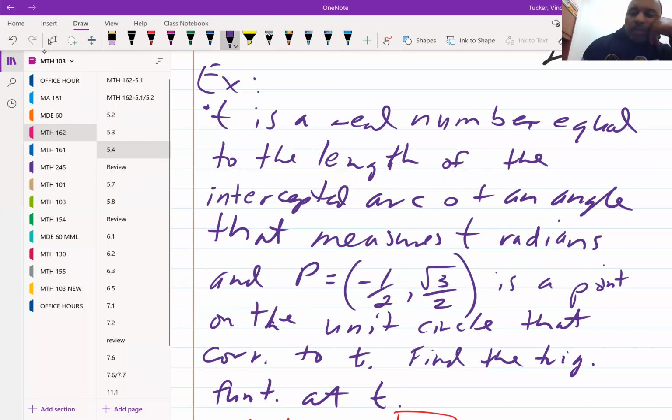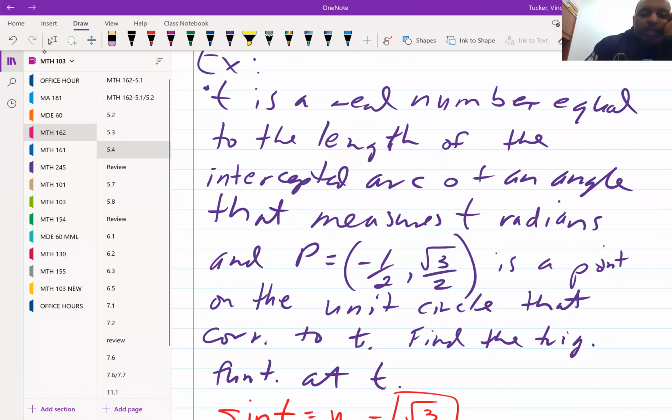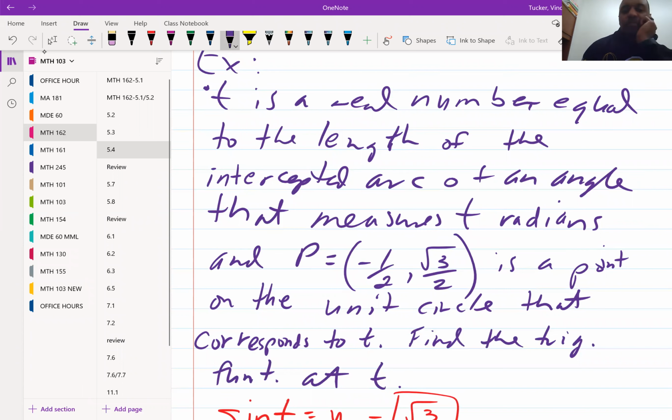And p is our ordered pair of -1/2, square root of 3 over 2, a point on the unit circle that corresponds to t. It says to find the trig functions at t.